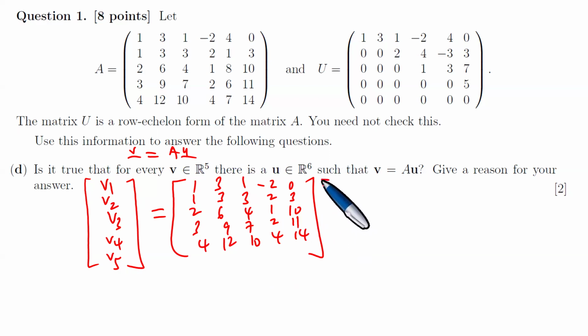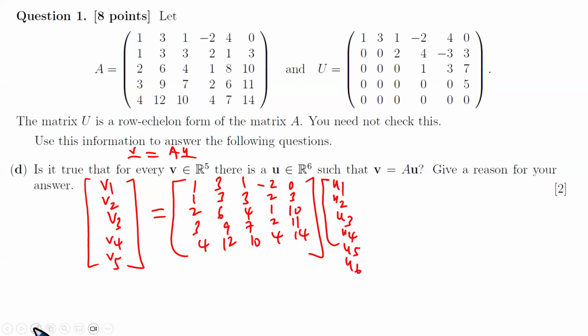Now we take U, which has the same number of entries so that the matrix product is possible. U is in R6 anyway. The examiner made life much easier for us. So U has U1, U2, U3, U4, U5, and then U6.